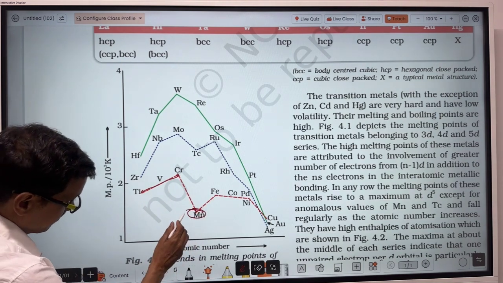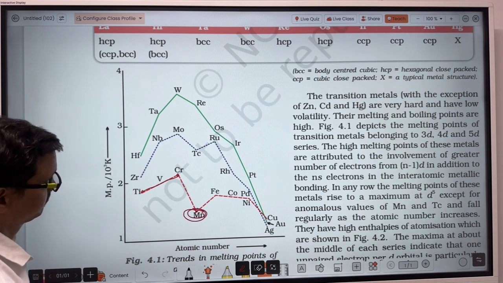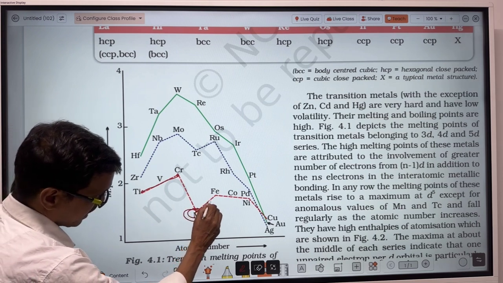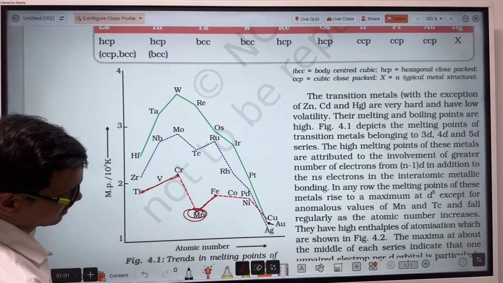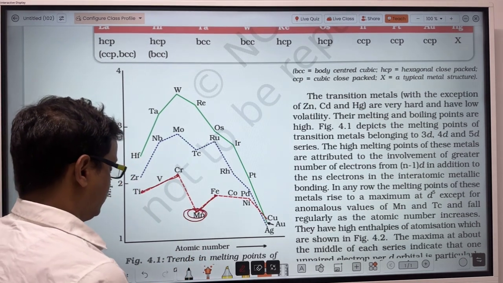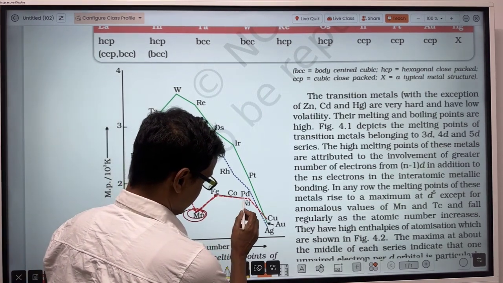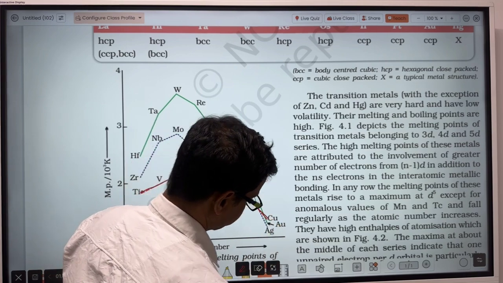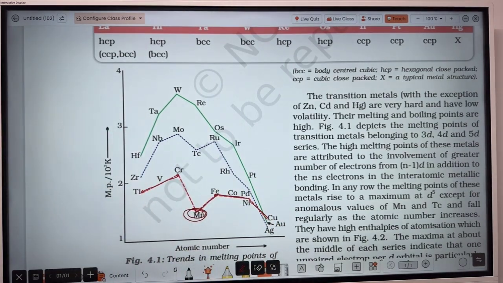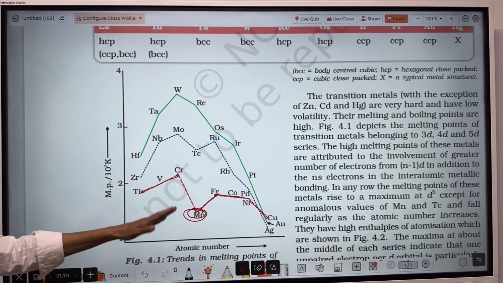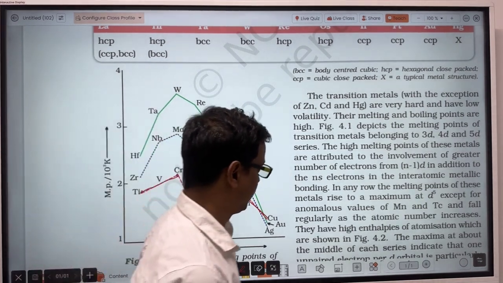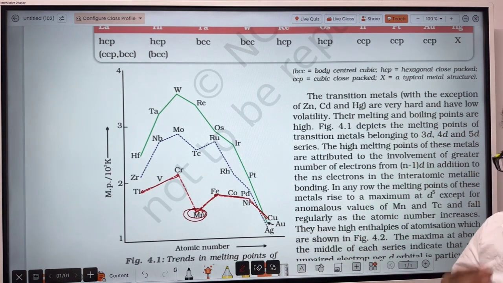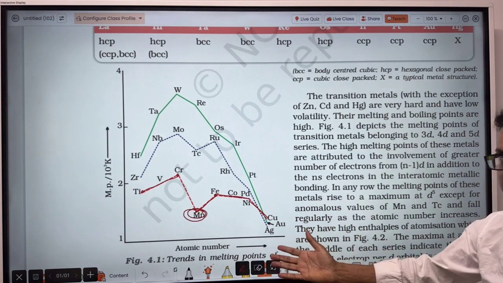That means there is a dip at manganese. Then the melting point of iron is greater, and after that cobalt, palladium, platinum, copper decrease like this, and zinc is also less. That's the trend. First let's see it, and then I shall tell you the reason. You also think about why that is happening.